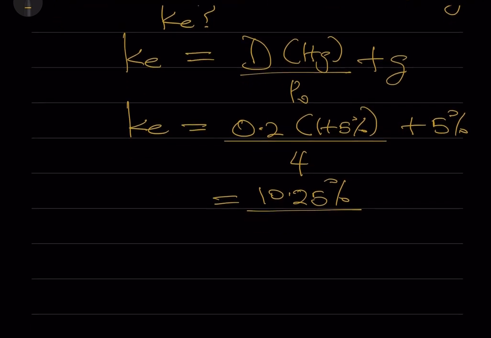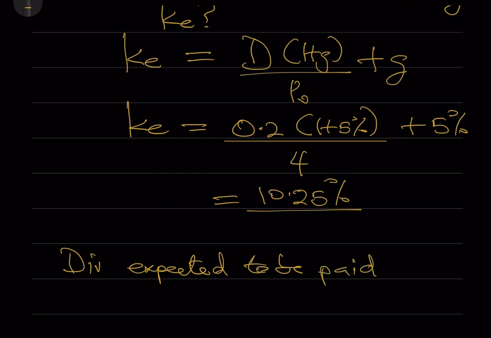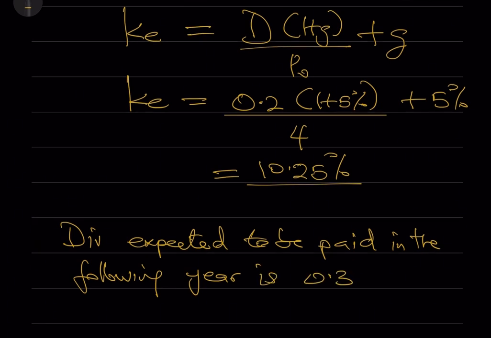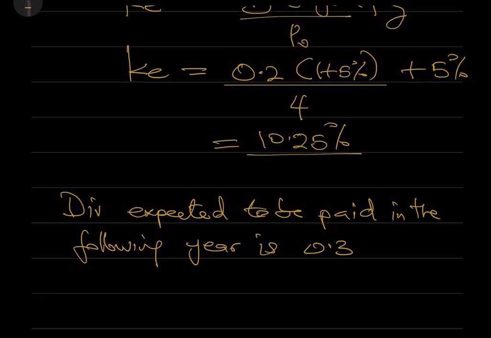Sometimes they say that the dividend expected to be paid in the following year is, say, 0.3. They will still give you the growth rate. Let's say the growth rate is still 5%, whatever it is.